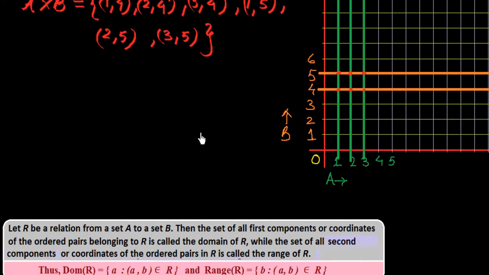Now let us explain the domain and range of a relation.